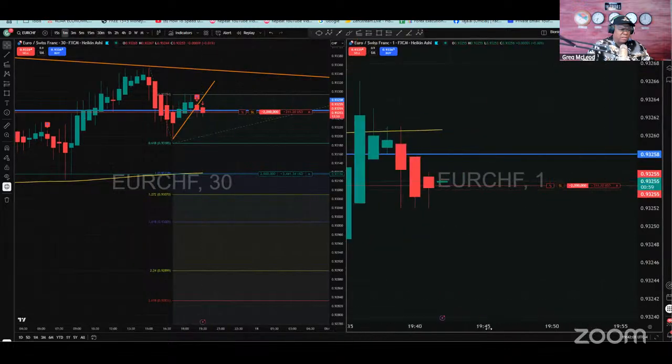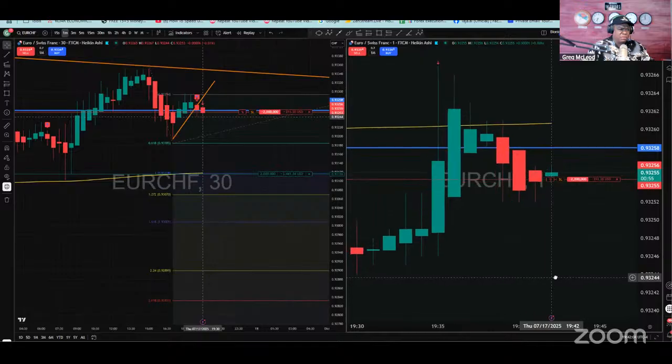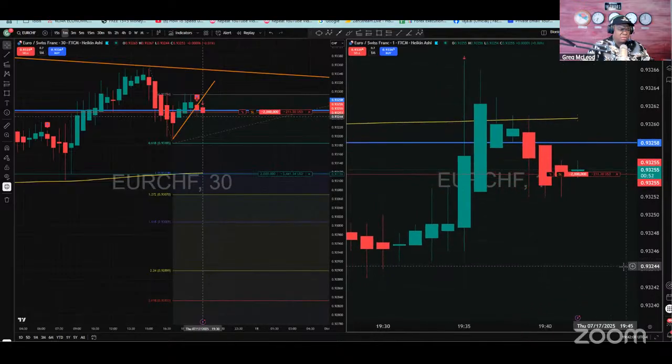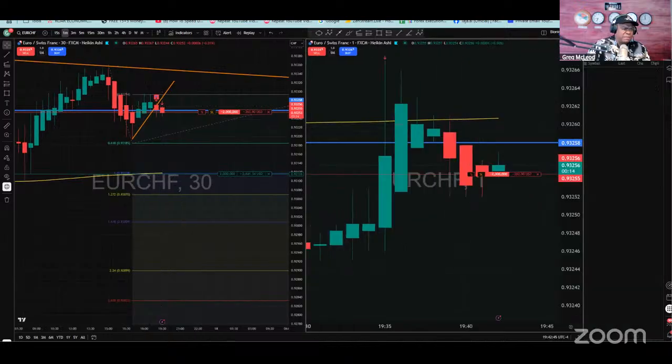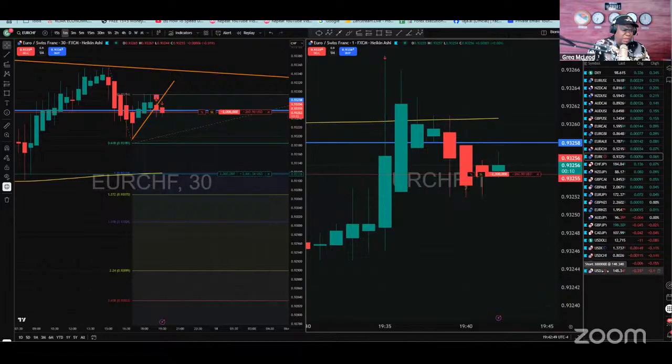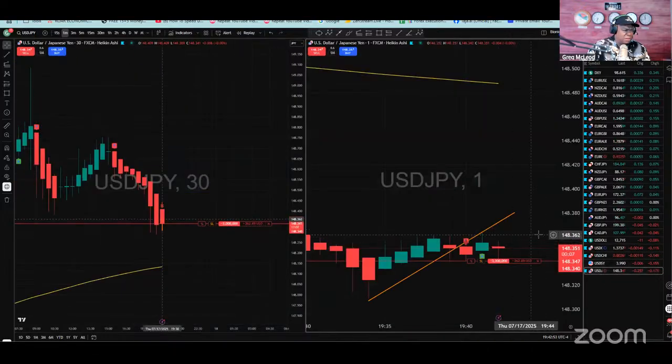Euro was taking its time here. Let's flip back and forth between our dollar yen and our other pair. That hasn't really done anything.